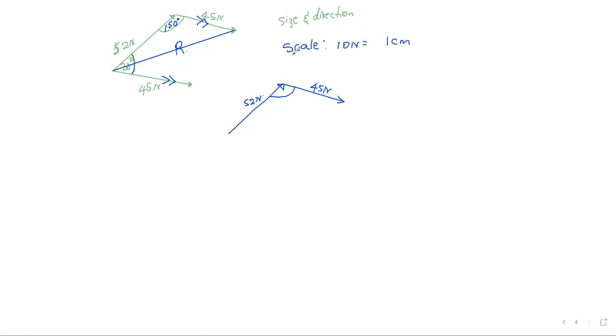But if we use calculations and not scale drawing, you will appreciate that the cosine rule will help you here. That R squared will equal 52 squared plus 45 squared. We use the cosine rule of mathematics.